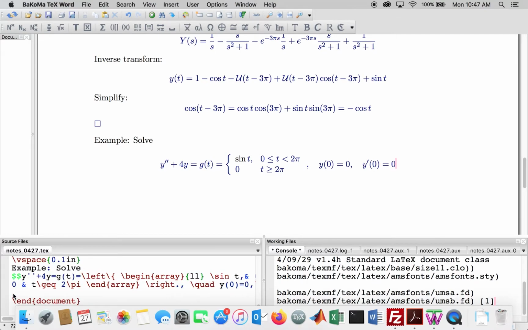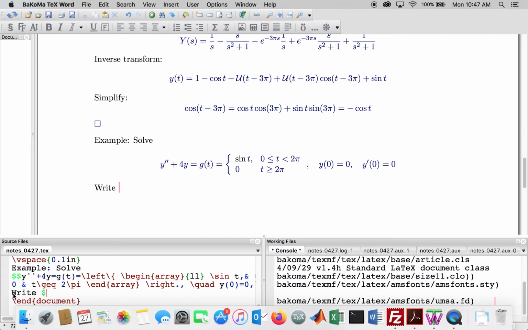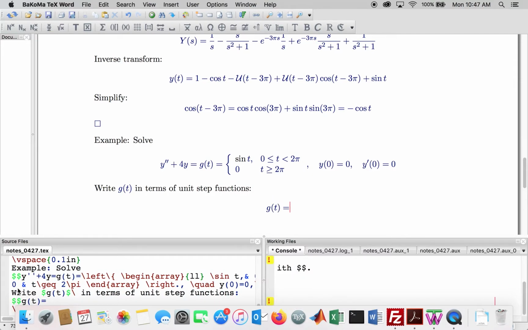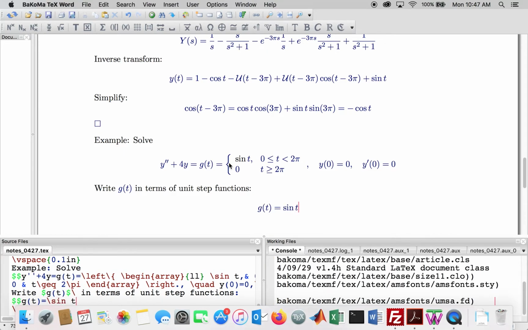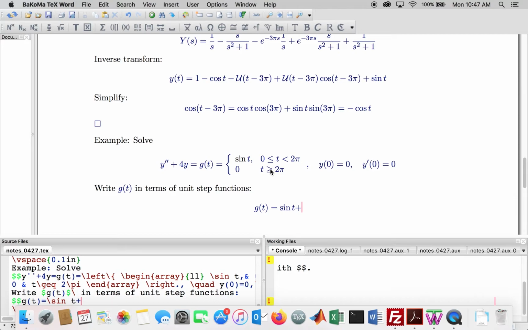So what we should do first is write g of t in terms of unit step functions. So g of t is equal to, starting out, just plain old sine t. Then, at t equals 2 pi, we need to turn sine t off.